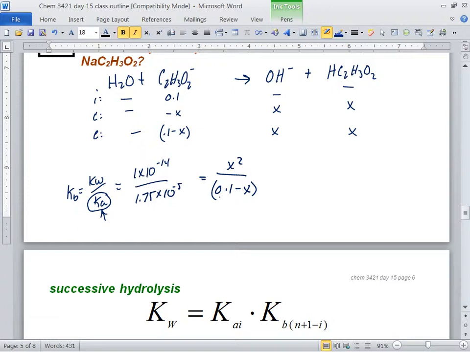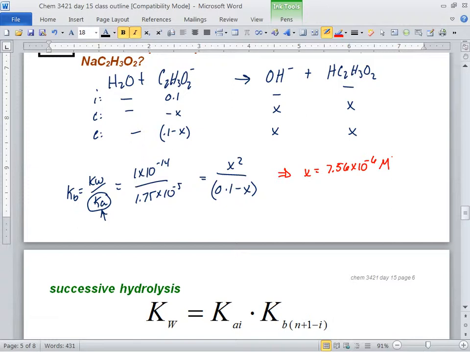All right, see if you can get your x. For your x, did you get around 7 times 10 to the negative 6? Okay. Hopefully you'll get that.